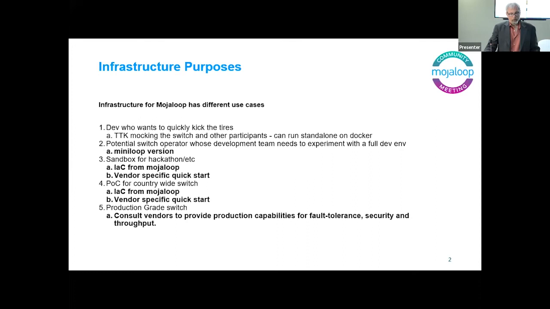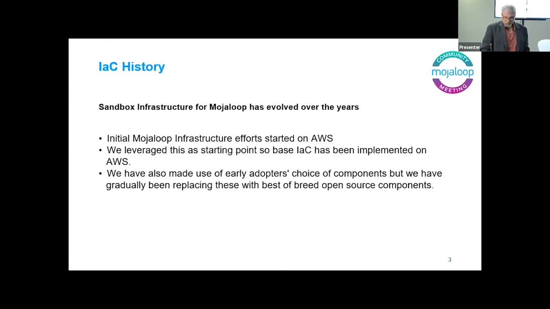So basically, you're going to need to work with a vendor in order to provide you a solution depending on your requirements for fault tolerance, for security and throughput. So having delineated those different use cases, I want to talk about the sandbox infrastructure that we've been working on.